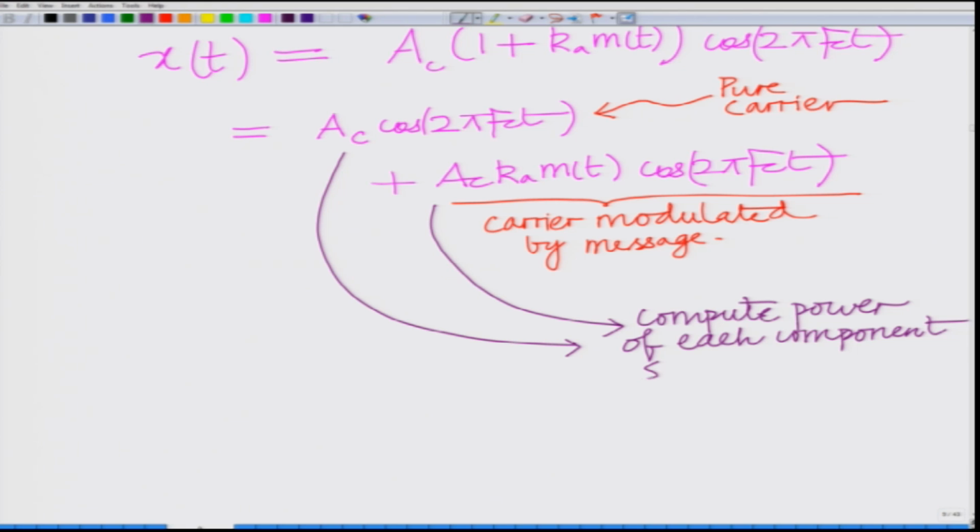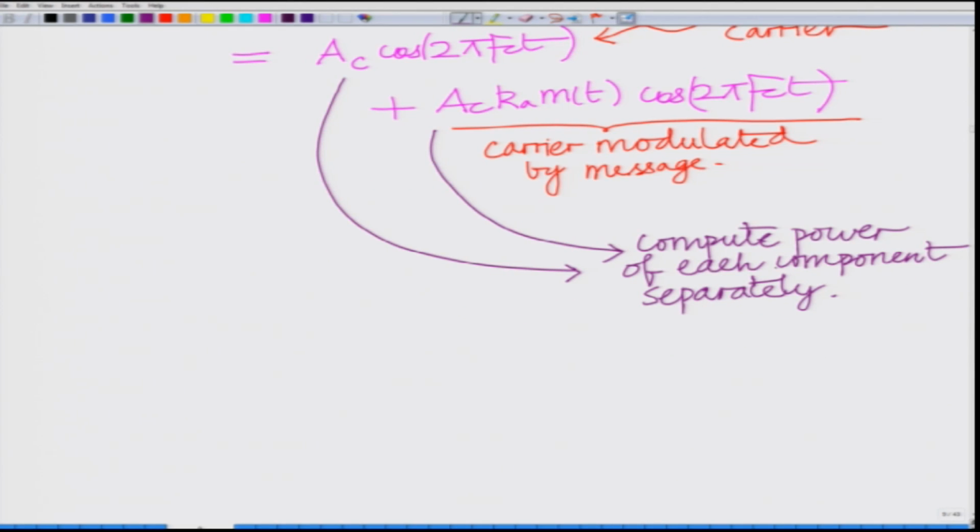Now, the power of the carrier, well, that is straightforward, we already know this.